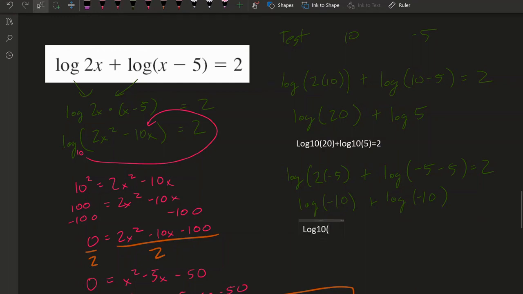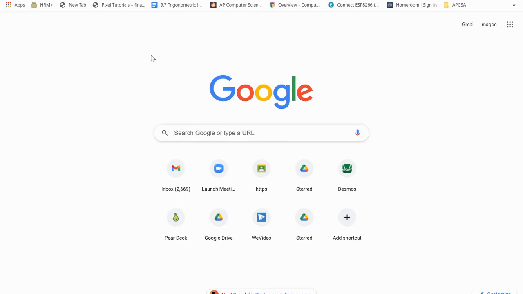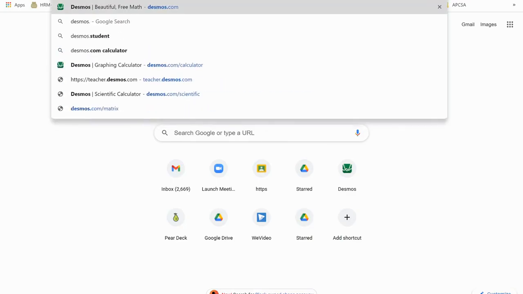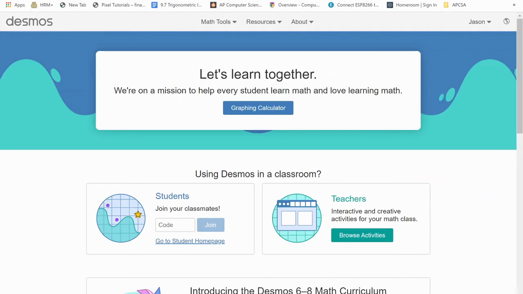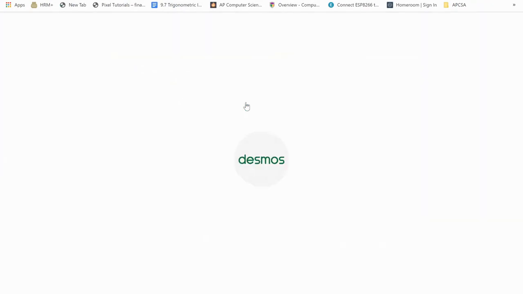Log base 10 of negative 10 plus log base 10 of negative 10. And again, I'm typing in log base 10 because that's the way my program does it. Most calculators would just call that common log. Okay, mine's not working. I'm going to switch over to Desmos for a moment just so you can see what happens here on an actual calculator.